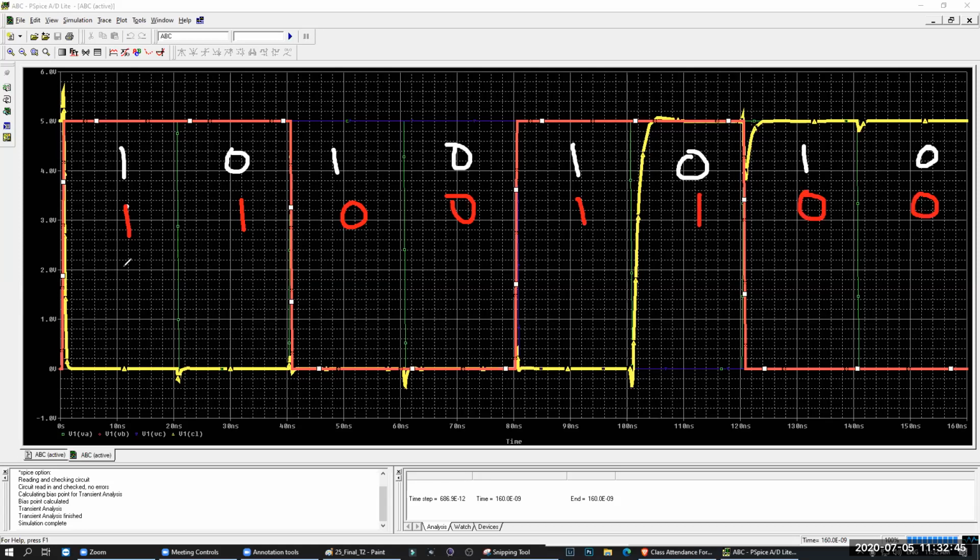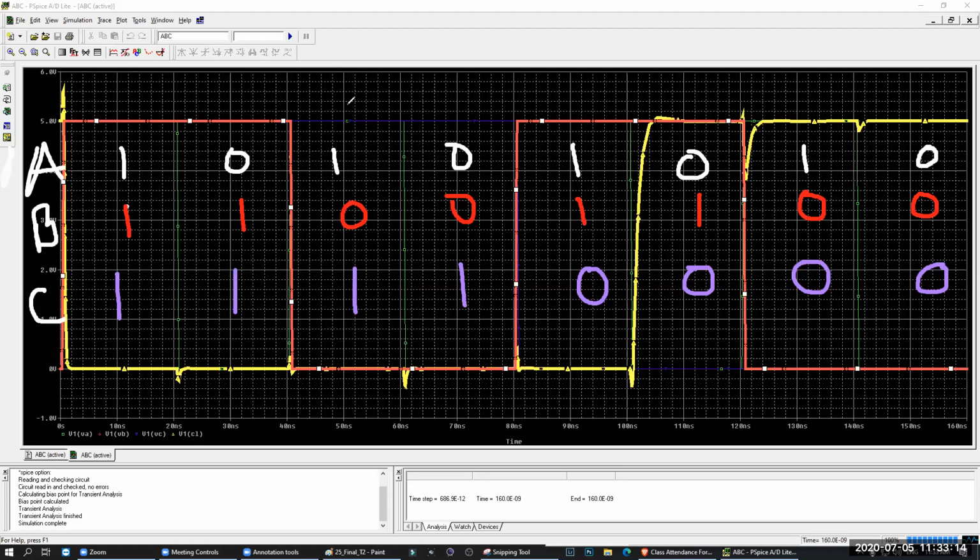Next one, different color: 1, 1, 1, 1, 0, 0, 0, 0. Okay, so this one is A, this one is B, this one is C.